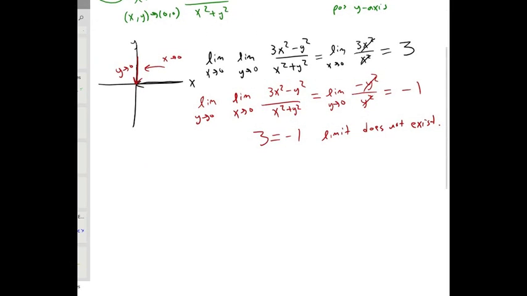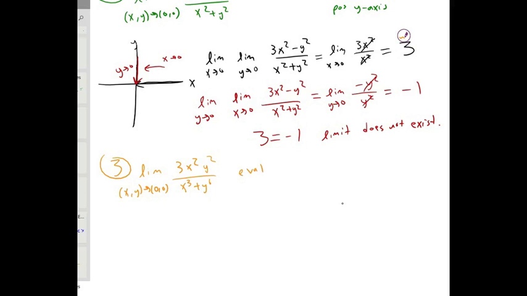So example 3, we're going to do the same thing, but it's going to be a little bit more complicated, our paths. So the limit as (x, y) approaches (0, 0) of 3x squared y squared over (x to the third plus y to the sixth).